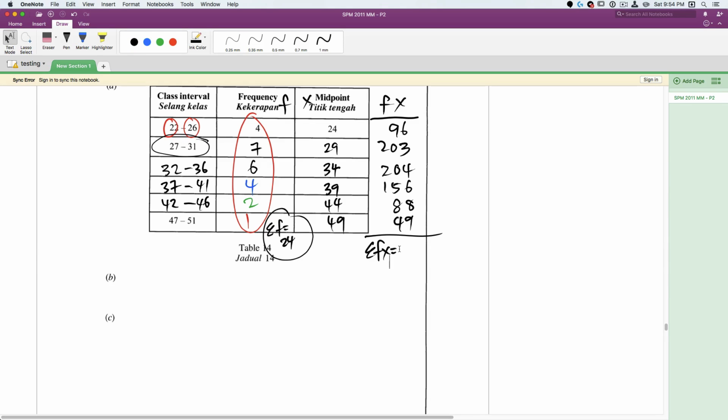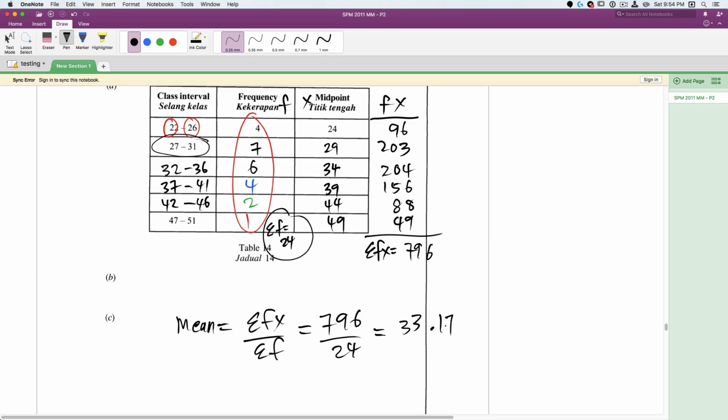So it's 96 plus 203 plus 204 plus 156 plus 88 plus 49. So you get 796. If the question asks about mean, it's just sum of fx over sum of f. So it's just 796 over 24. Divided by 24, you will get the answer 33.17. Okay, this is how we find the mean.